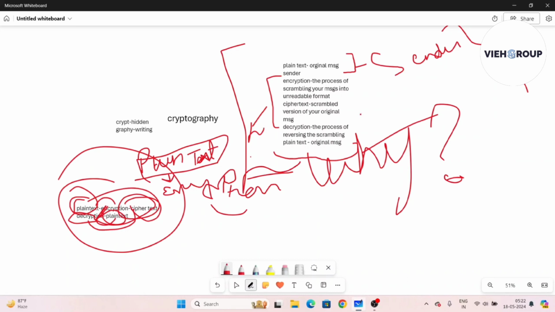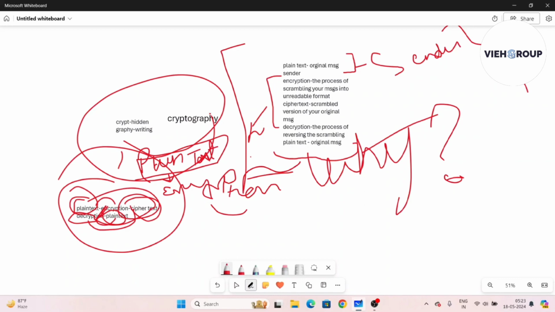So hope you understand what is cryptography. Again, I'll give you an overview. Cryptography is the practice or method of converting information and communication into a secret code so only authorized parties can understand it. It can secure our emails, financial transactions, and data stored in the cloud. Why is it important?